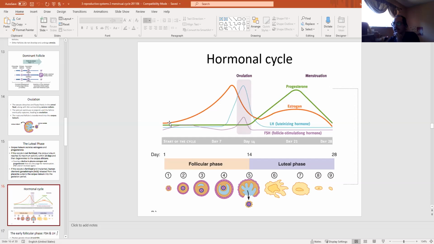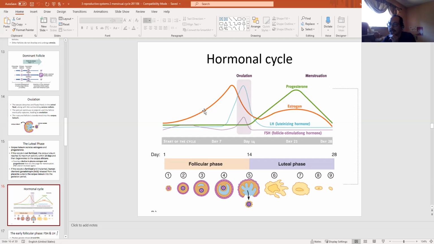So estrogen gradually increases because of what? Because of the follicle development. The larger the follicle, the more granulosa and theca cells, the more release of this estrogen. So estrogen increases along with this follicular development.